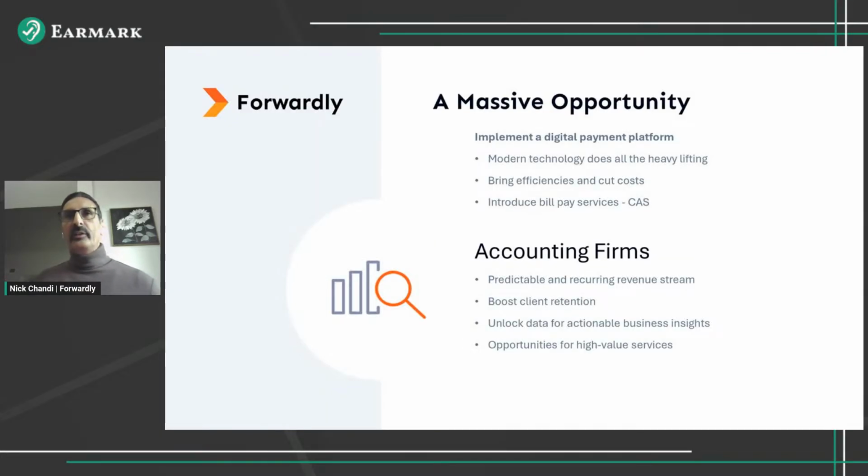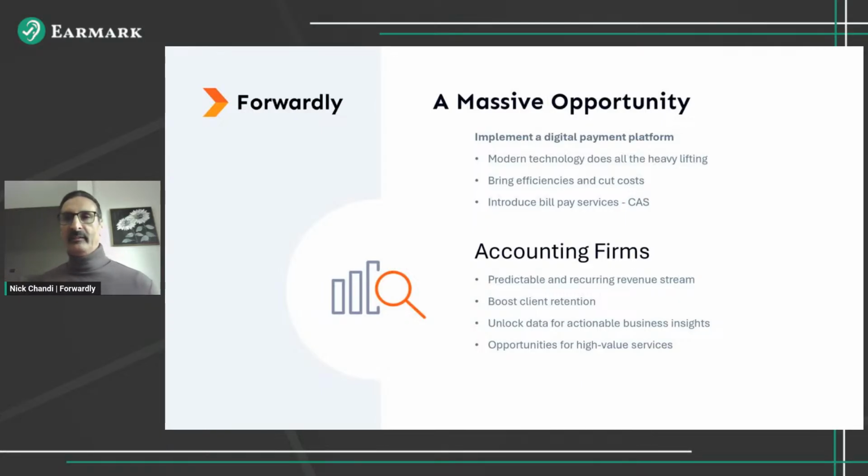So this creates a massive opportunity for accountants, because your clients may not be aware that digital bill pay platforms are available now that can do all the heavy lifting for bill pay. But you as an accountant know that these kinds of things are possible. Modern technology is there that can do all the back-end work for you.